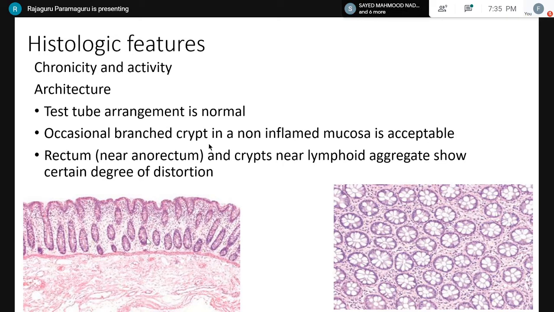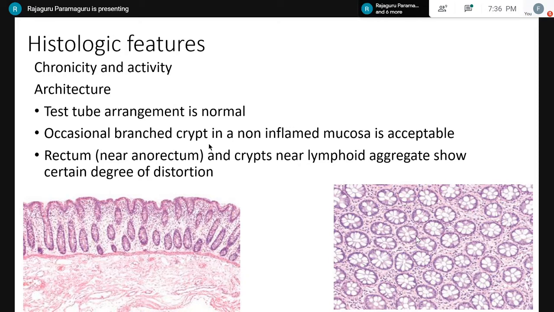mucosa. So if it is a tangential or a cross cut, you will see this kind of crypts. Again, you see well formed rounded ones, like the way you see a linear arrangement of test tubes from the top, not from the side. So here these crypts are well rounded, and what you see in between is the normal cellularity of the lamina propria with the lymphocytes and the plasma cells.